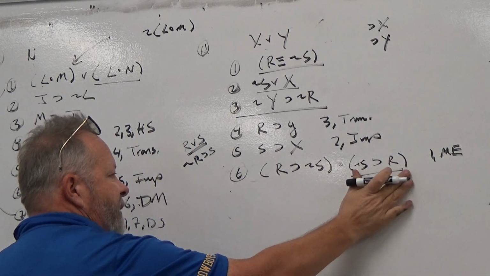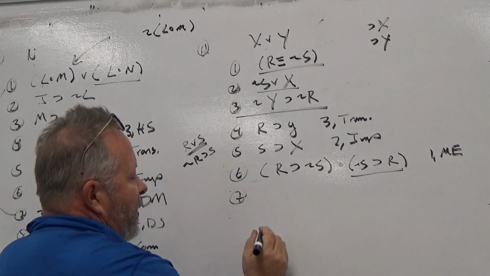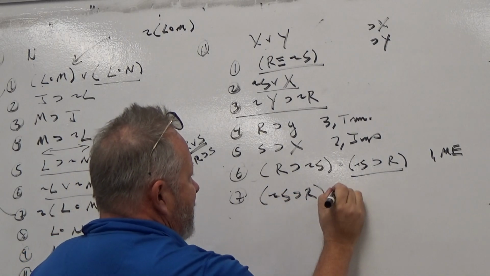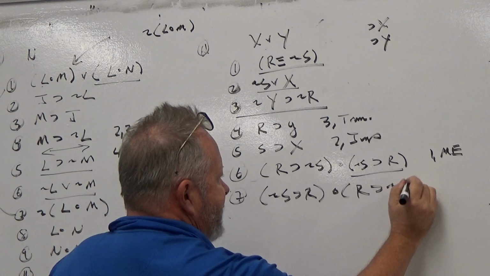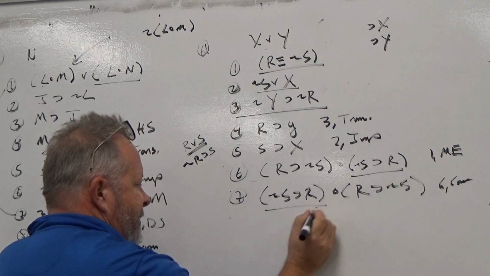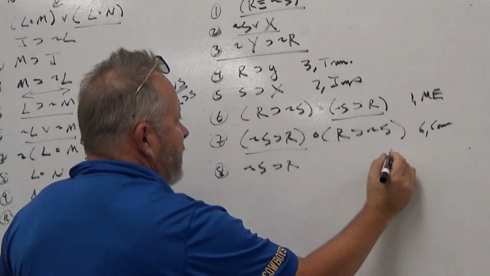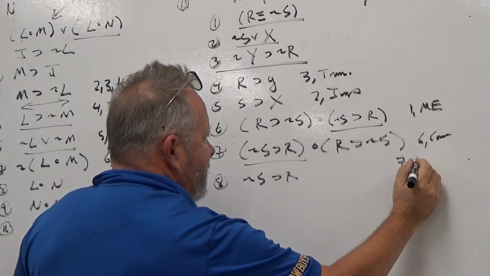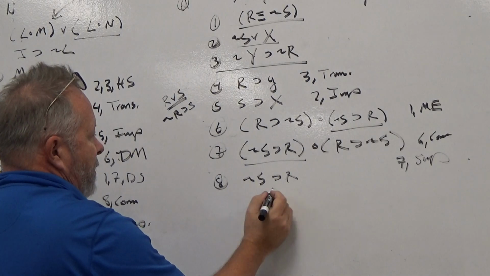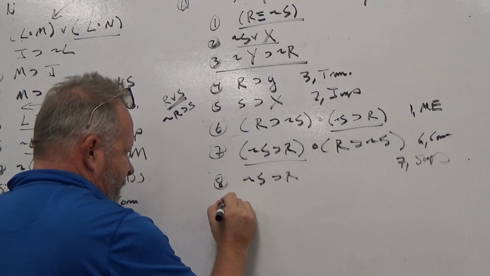So I need to go after this piece. It's on the right-hand side, so I need to move it to the left before I can simplify. So I get not S, then R, and R, then not S, 6 by commutation. Now I'm simplifying to this piece, not S, then R, from 7 by simplification, and let me flip these around.